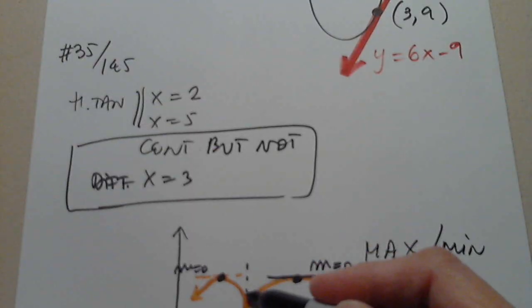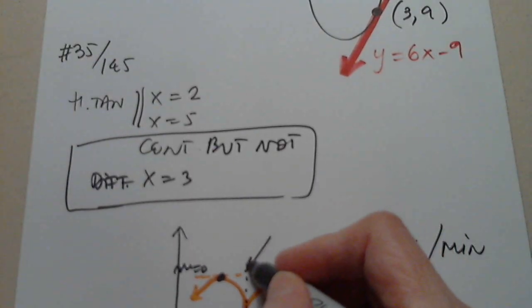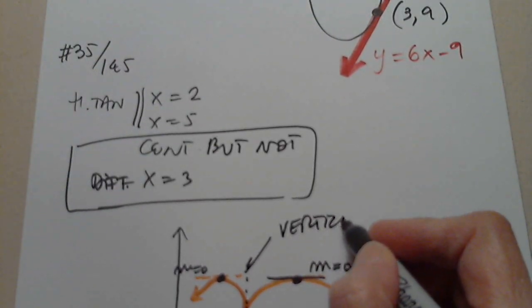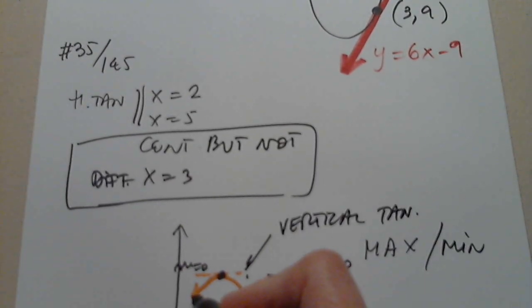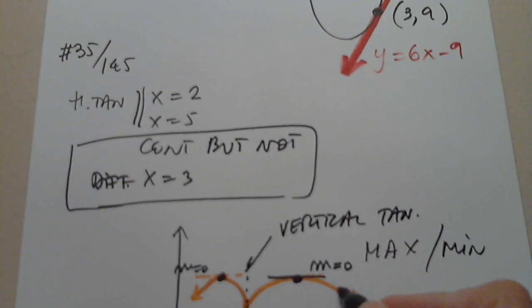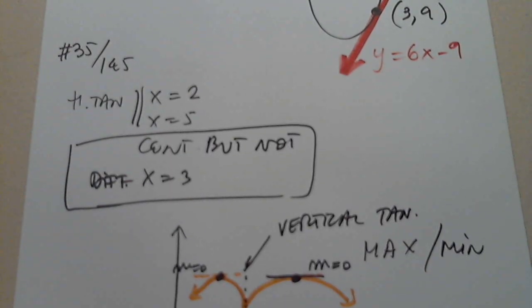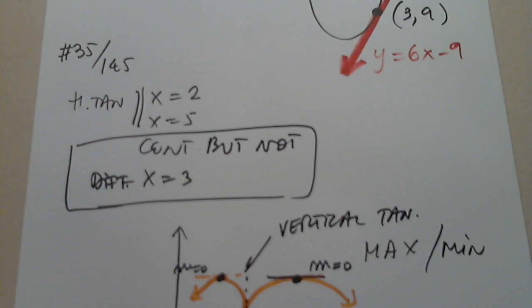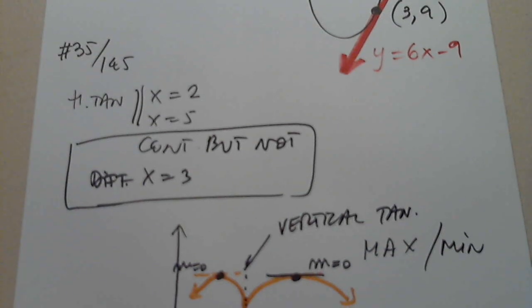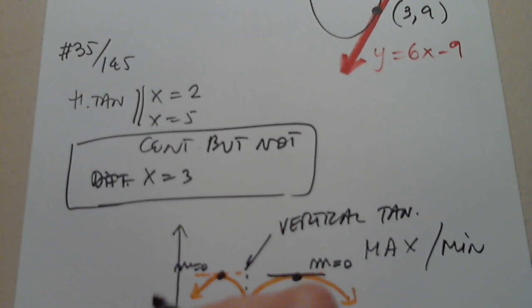And here I graphed a function with a cusp, or if you want, a vertical tangent. Is it continuous? Yes, the function is continuous. But at 3, it has a cusp. No one can find its derivative. Its derivative at 3 does not exist. So we cannot determine f prime at 3.